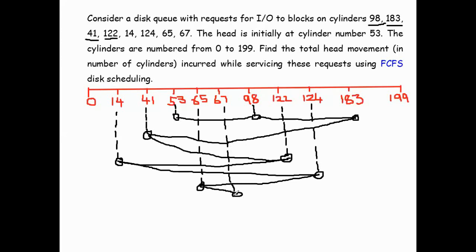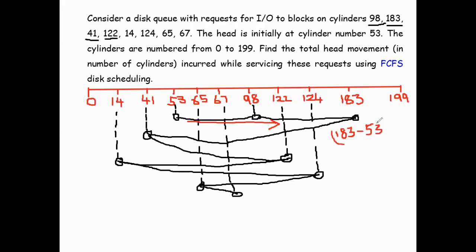To find the total number of head movements in every direction, find the difference between highest value minus lowest value and add all the resultant values in every direction. For example, if we take this direction, the highest value is 183 and the lowest value is 53.